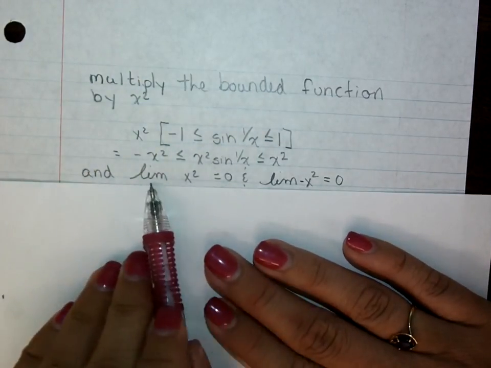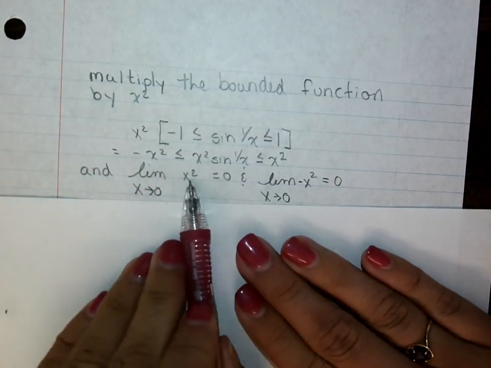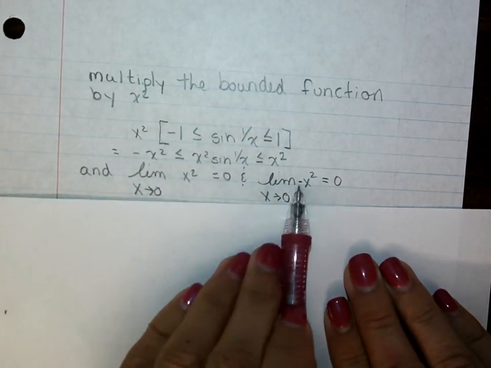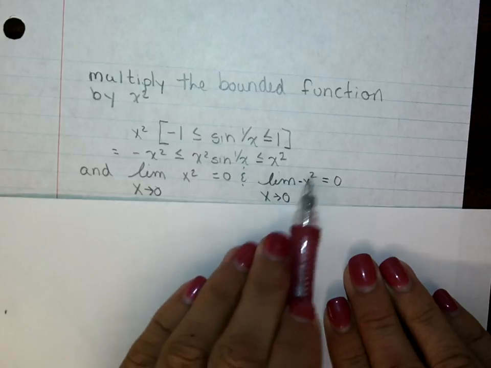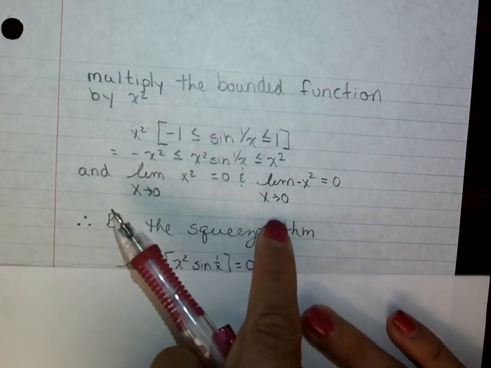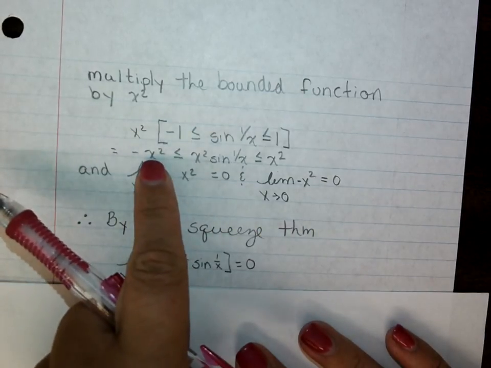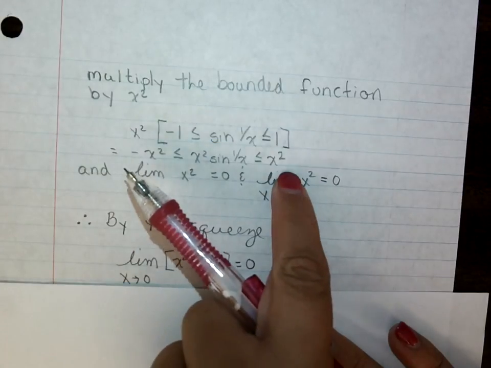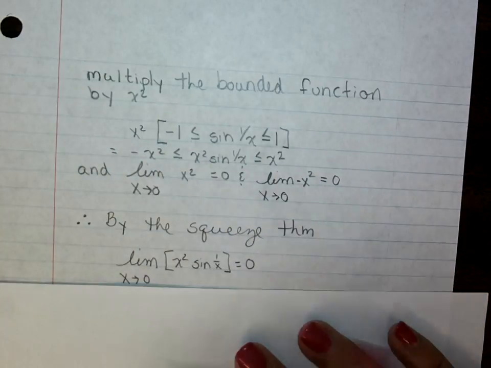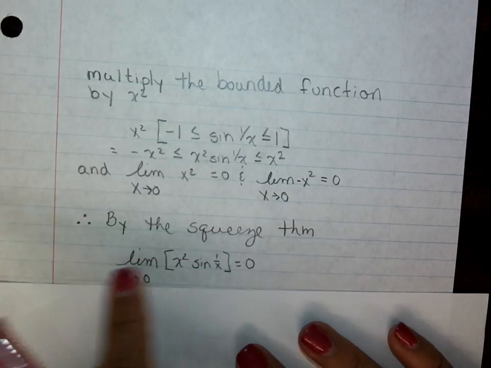And we already said the limit as x approaches 0 of x squared is 0. And the limit as x approaches 0 of negative x squared would be 0. So by the squeeze theorem, if this limit here is 0 and this limit here is 0, then this middle limit would have to be 0.